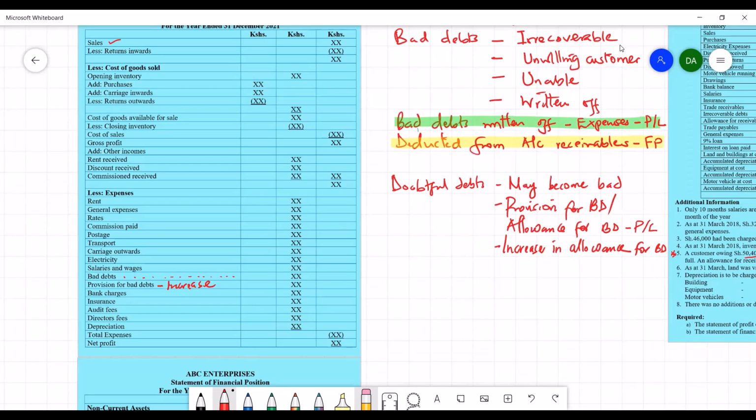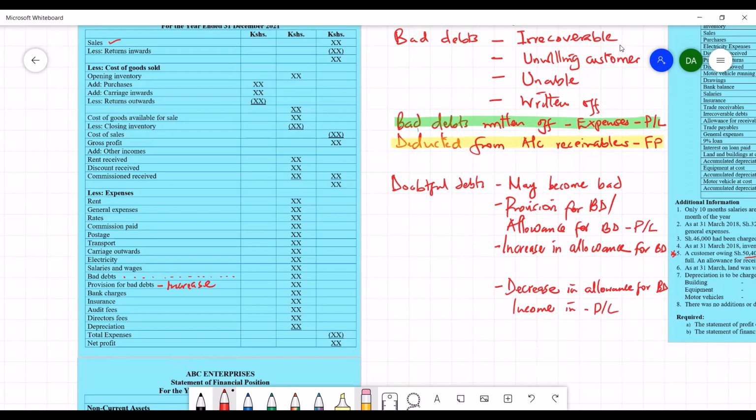In case of a decrease in allowance for bad debts, the decrease is income in the statement of profit or loss.